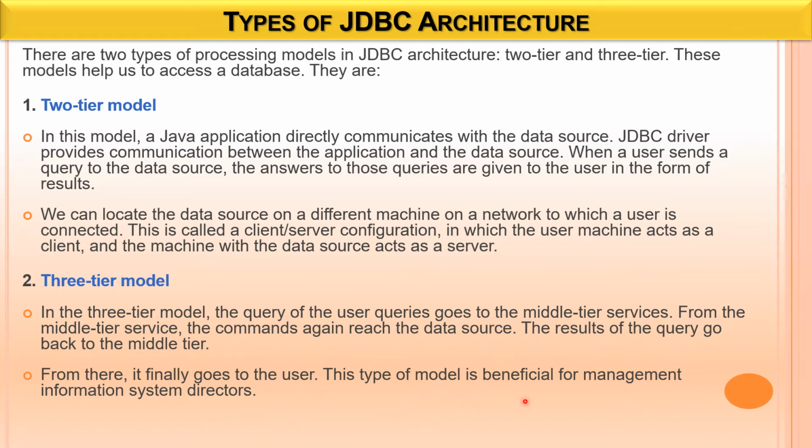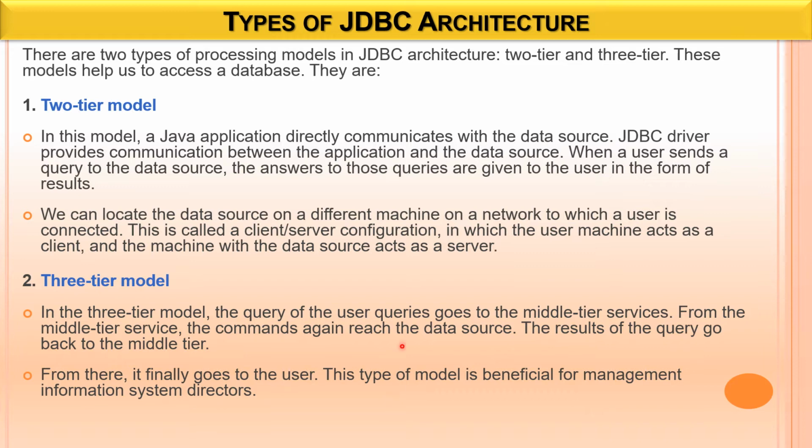This type of model is beneficial for management information system directors, like MIS directors working with a company. So the three-tier model will work for these MIS managers, where the middle tier services will work with the data source as well as the client machine.